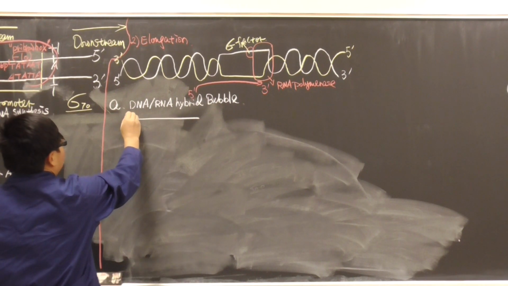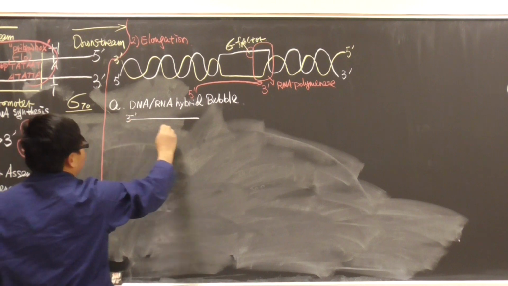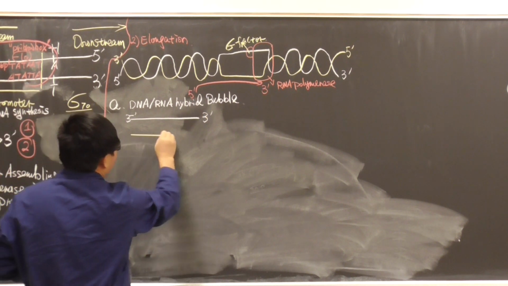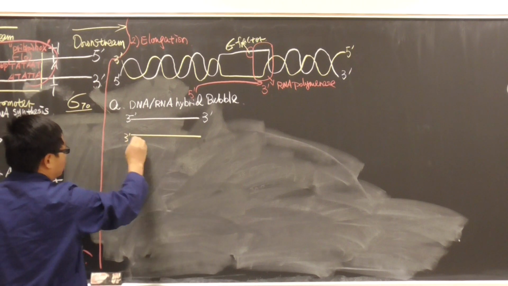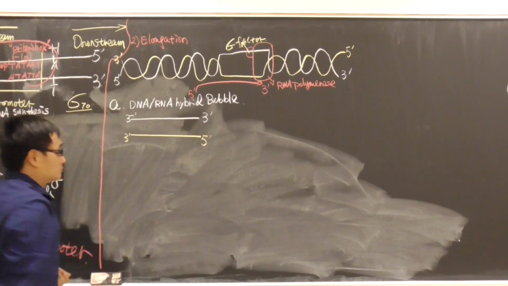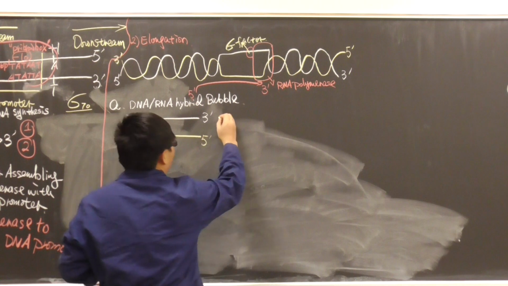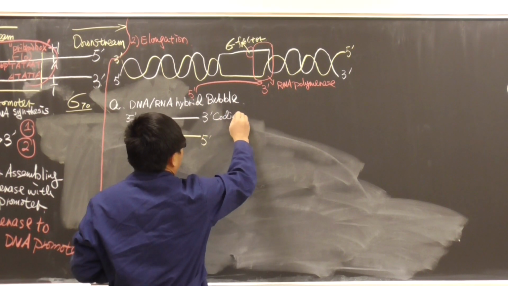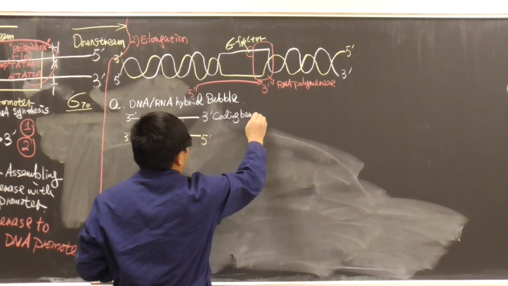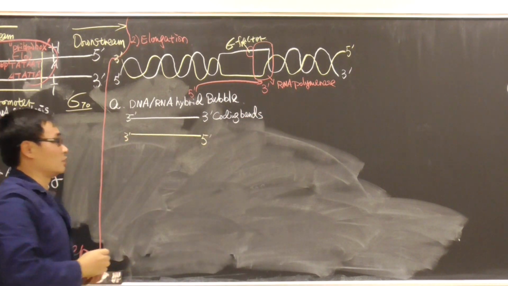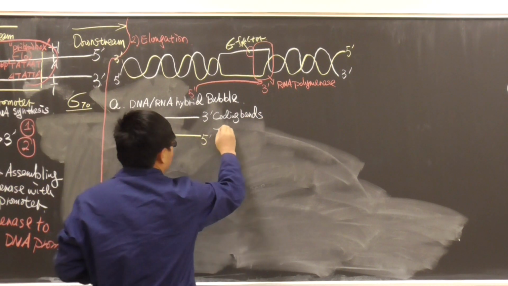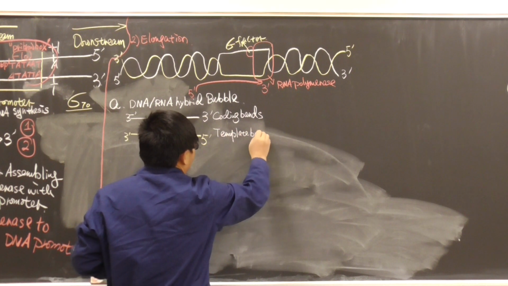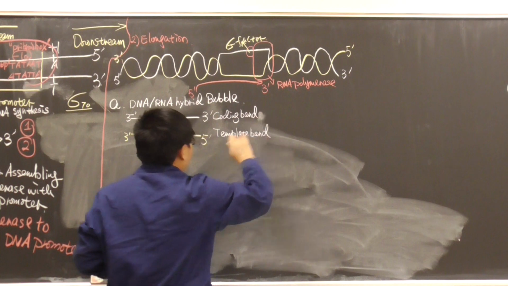I have a 3 prime, 5 prime to 3 prime. Another DNA strand running 3 prime to 5 prime. The top one we call the coding strand. And the bottom one we call the template strand.